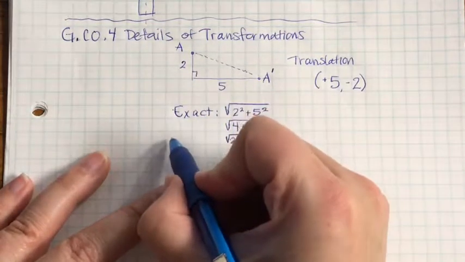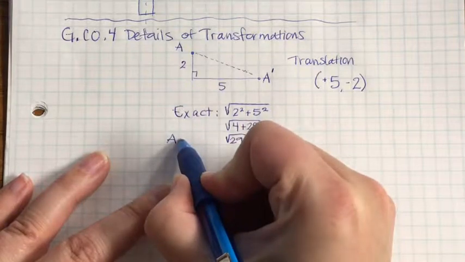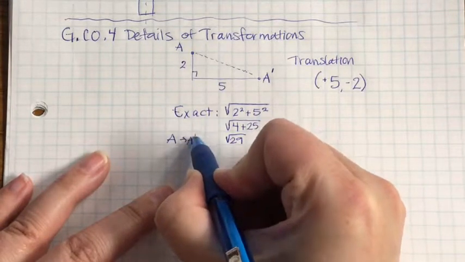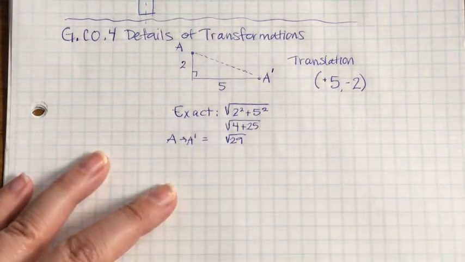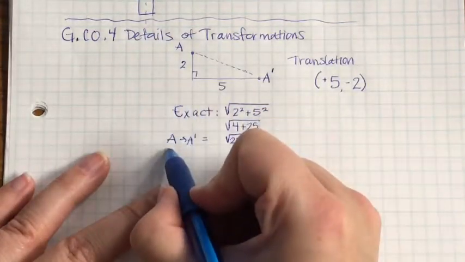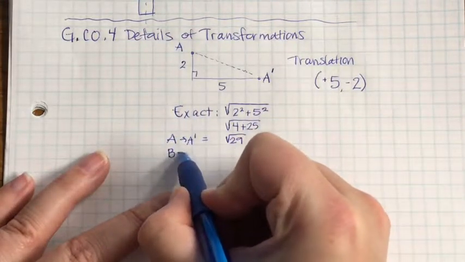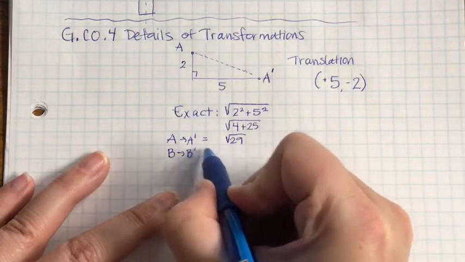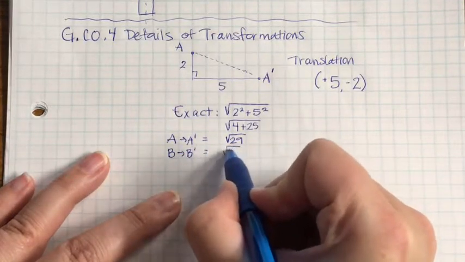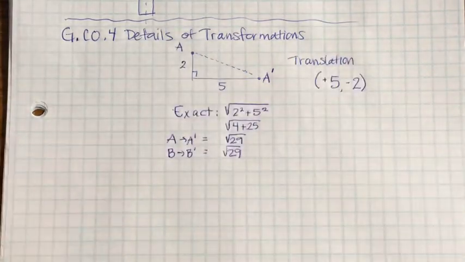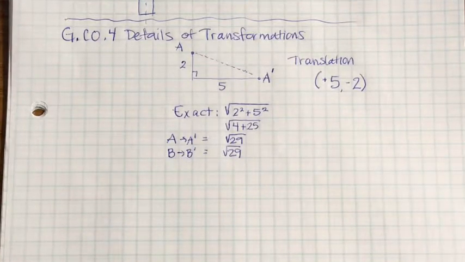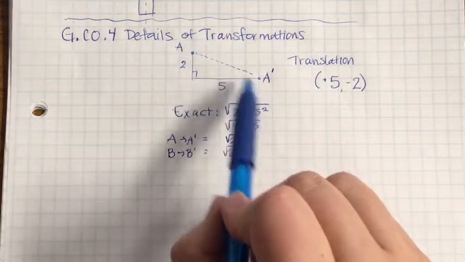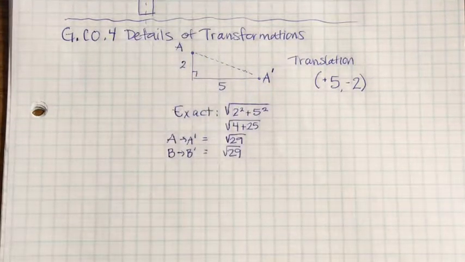So from A to A prime would be the square root of 29. And then no matter what the other points were, they should be the same. B to B prime should also be the square root of 29. All of them would be square root of 29. Does that make sense? Yes. Okay. So we'd have a direction that we move, and we'd have the distance that we move.